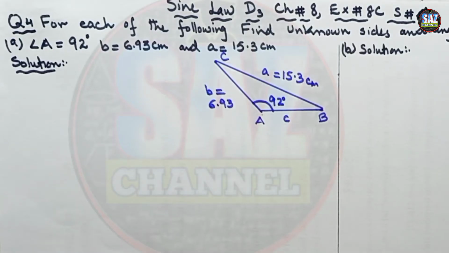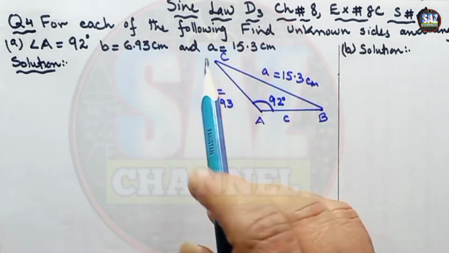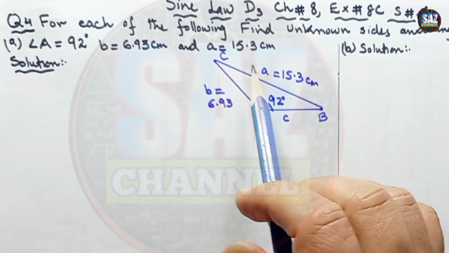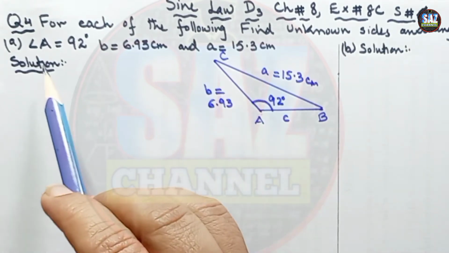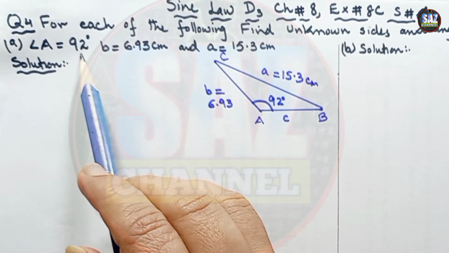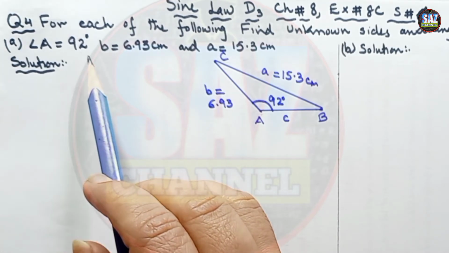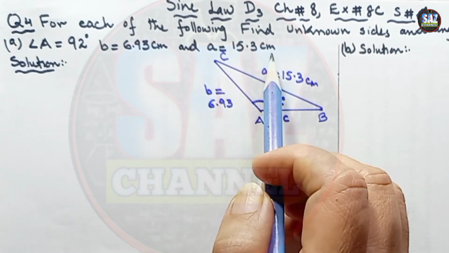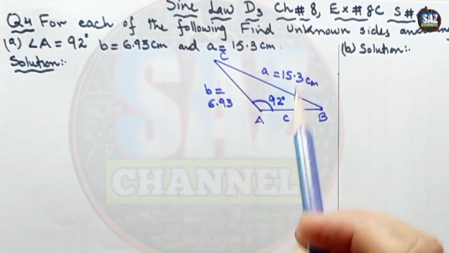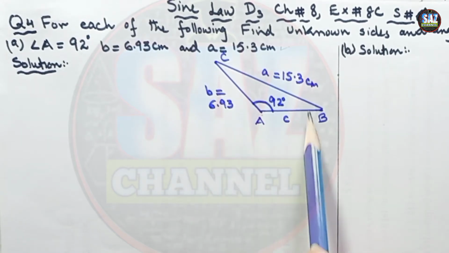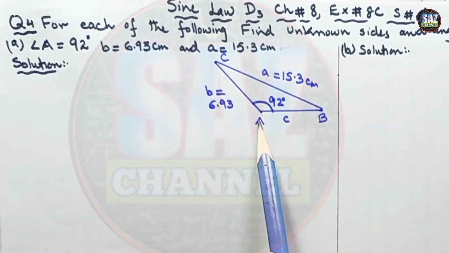Question 4 says, for each of the following triangles ABC, find the unknown lengths and angles. In the A part, angle A is 92 degrees, length b is 6.93 centimeters and length a is 15.3 centimeters. It's always good to sketch the figure. Here I've drawn the triangle with vertices.